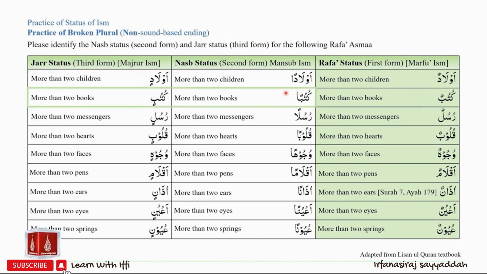Kutubun, kutuban, kutubin. Rusulun, rusulan, rusulin. Qulubun, quluban, qulubin. Wujuhun, wujuhan, wujuhin.